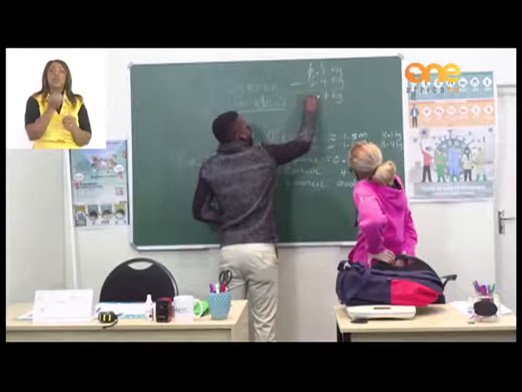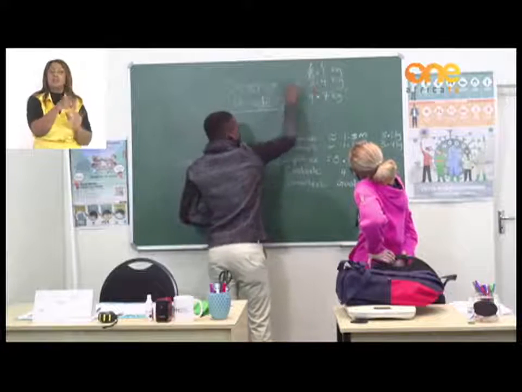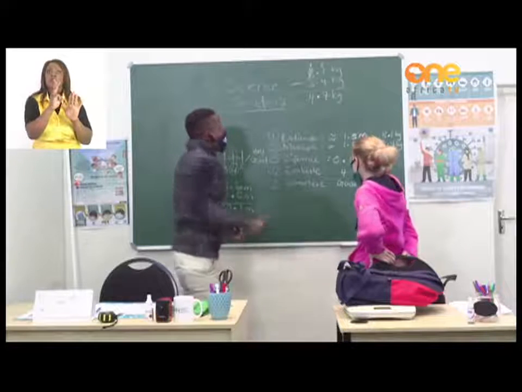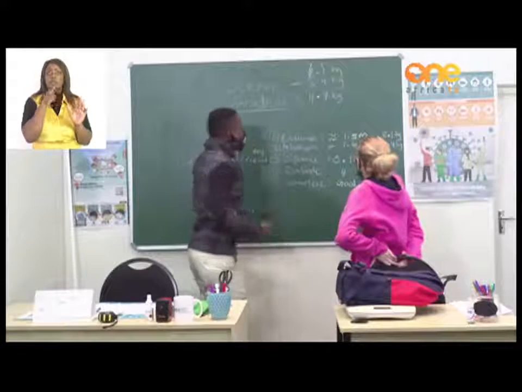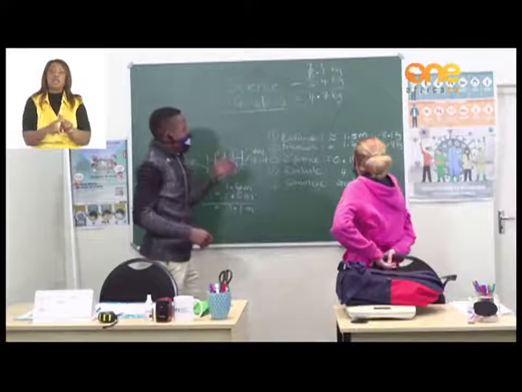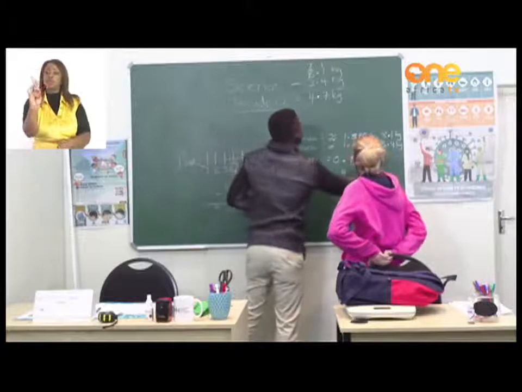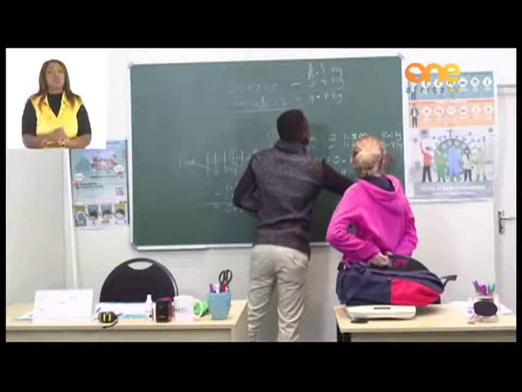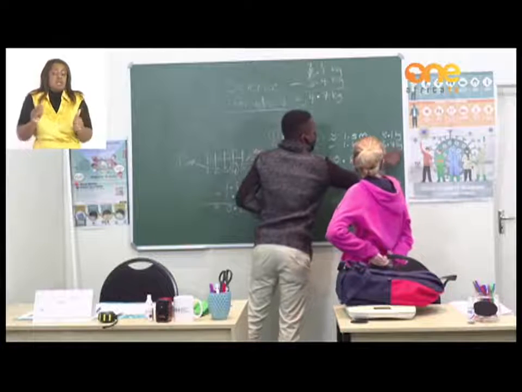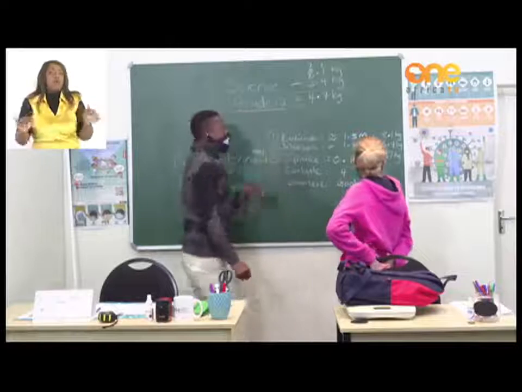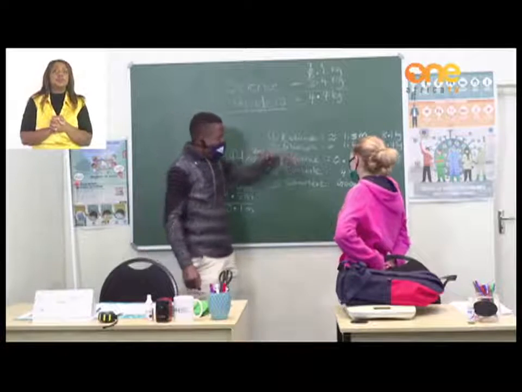Then you subtract, you have a 4 here. If you take 3 from 7. So the difference is 4.7 kg.